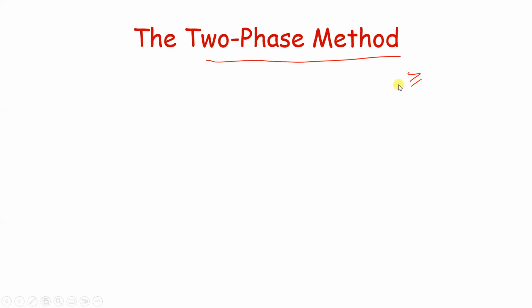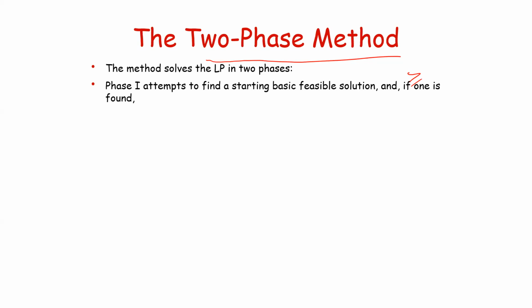The two-phase method is a structured approach designed to handle cases where the problem has no readily available basic feasible solution, as we have discussed earlier. It essentially breaks down the process into two phases, to first find a feasible solution and then proceed to optimality. In phase one, the goal is to identify a feasible starting solution by introducing artificial variables.